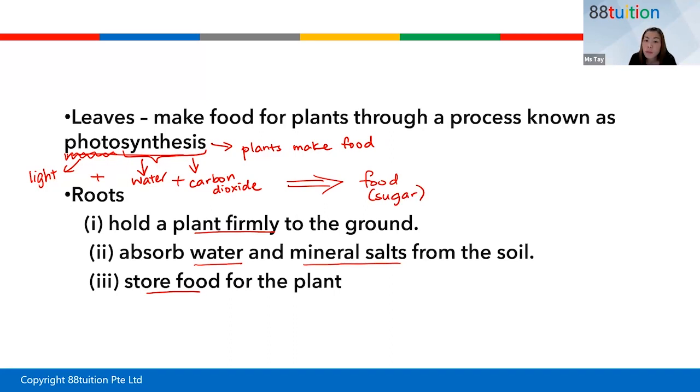Plants make food, plants make sugar. They are all the same. And then oxygen will be given out. All right. So without carbon dioxide, without water, without light, photosynthesis cannot take place. Must remember.